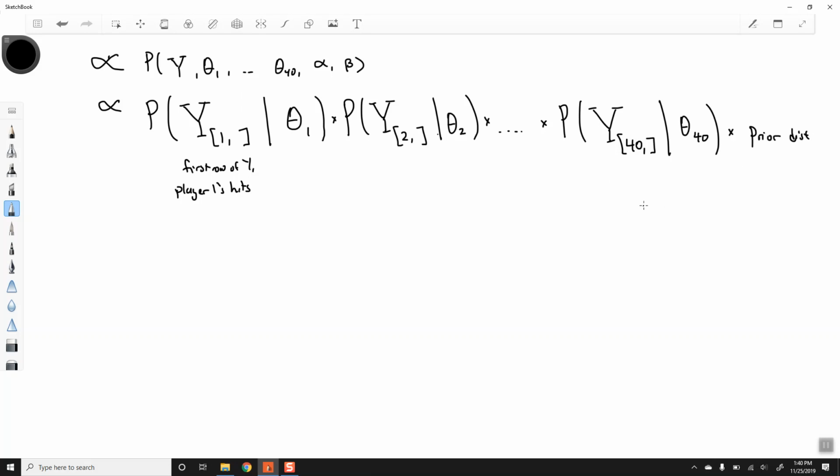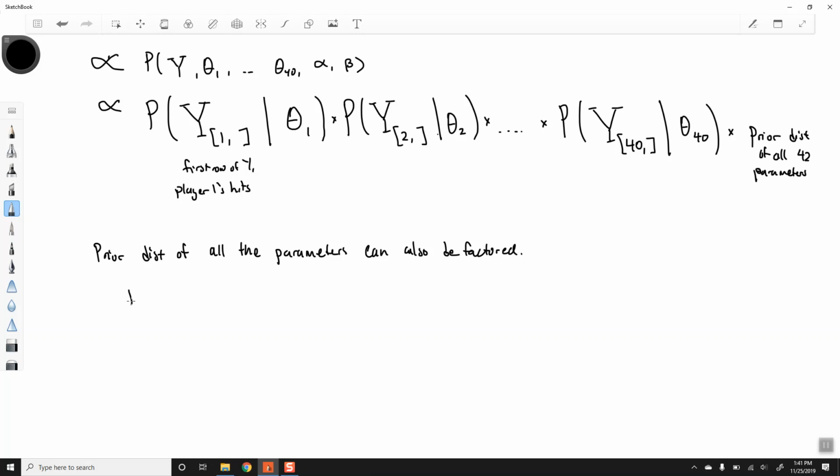Okay, and so the prior distribution of all the parameters can also be factored, right? There are 42 of them.